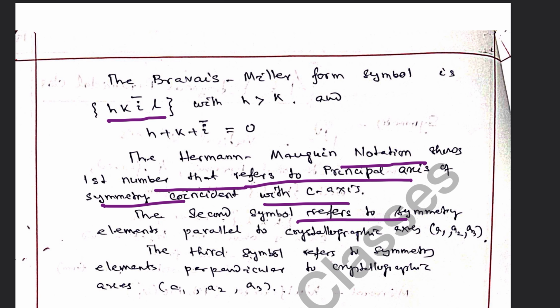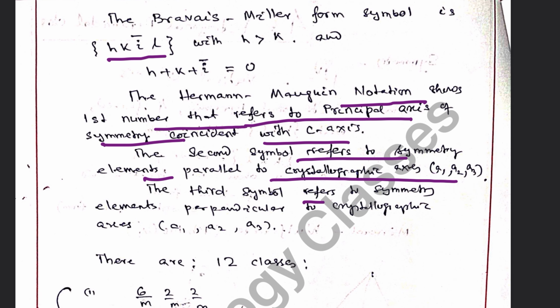The second symbol refers to symmetry elements parallel to the crystal axes, that is A1, A2, A3. And the third symbol, if present, refers to the elements perpendicular to the crystal axes A1, A2 and A3.